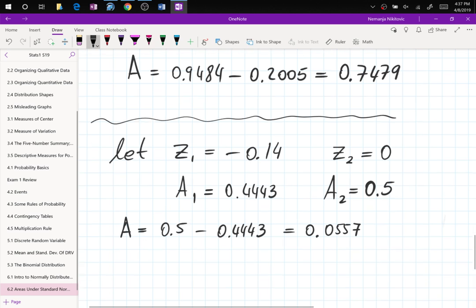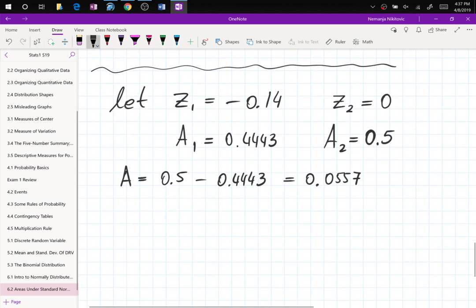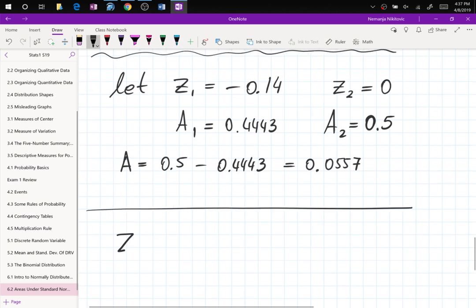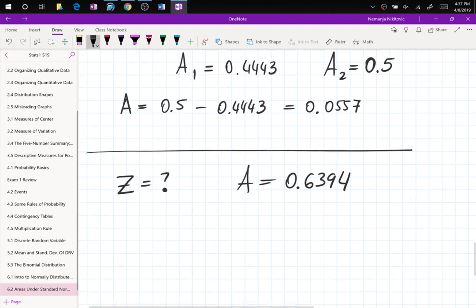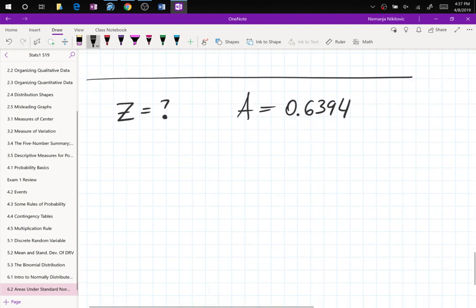So let's deal with more of this cool stuff. What's the z-score if the area is equal to 0.6394? Now, before you even go and look for a number, are you expecting negative or positive z-score?